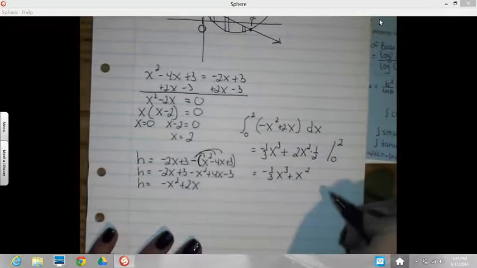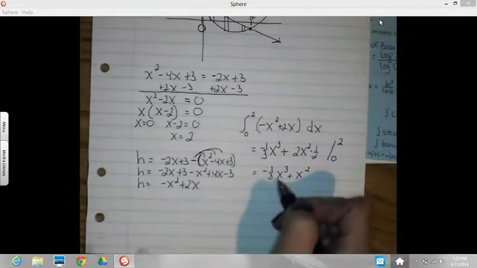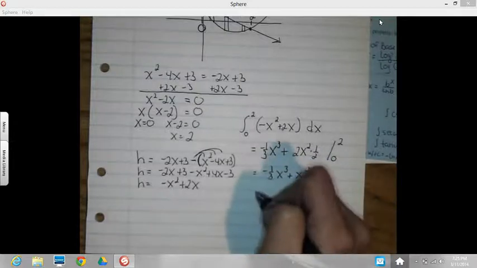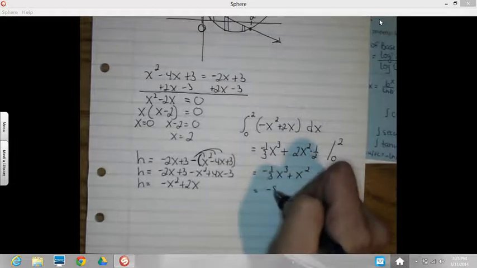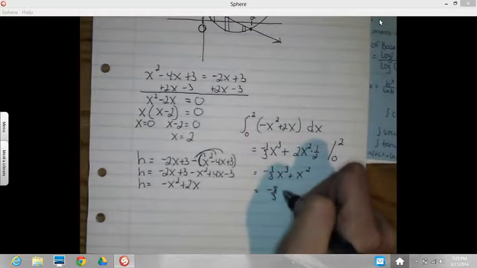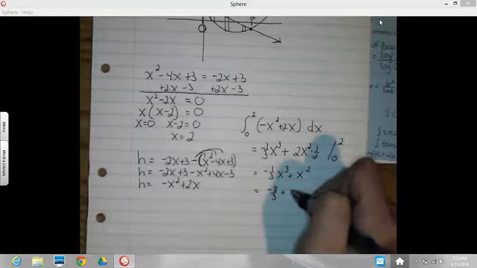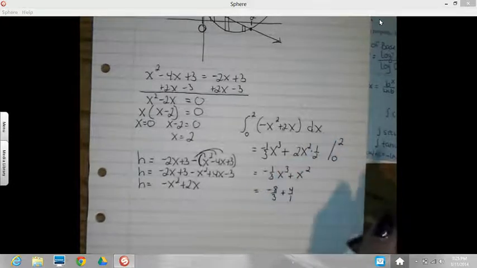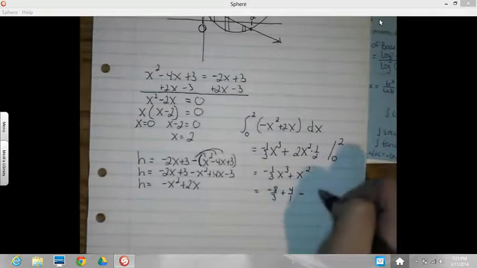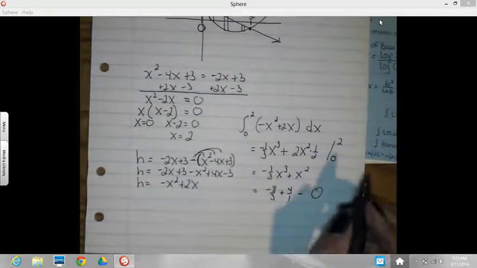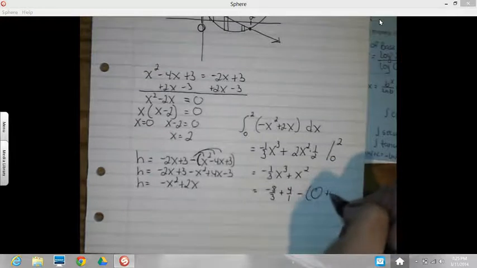And now plugging in the 2, let's see, I will get 2 cubed is 8, negative 8 thirds, plus 2 squared is 4, and then minus, that'll be 0 plus 0, don't have to worry about that. I guess I better do that just to keep my form going.